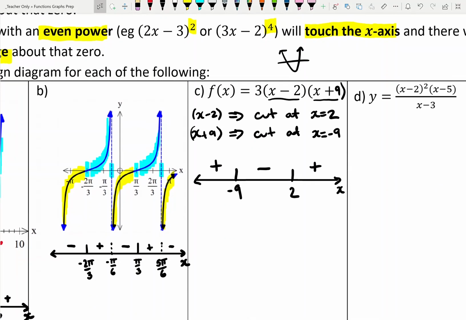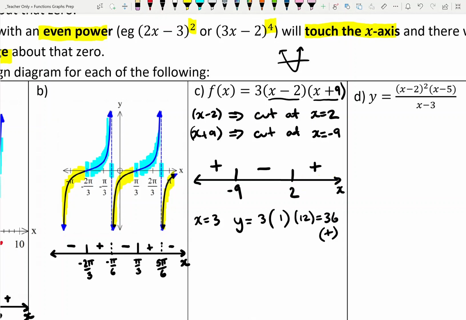So over in this region here, greater than 2, we would pick an easy value of, let's say, x equals 3, and then y is going to be 3 times 3 minus 2, which is 1, and 3 plus 9, which is 12, so it's going to be 36, which is positive.